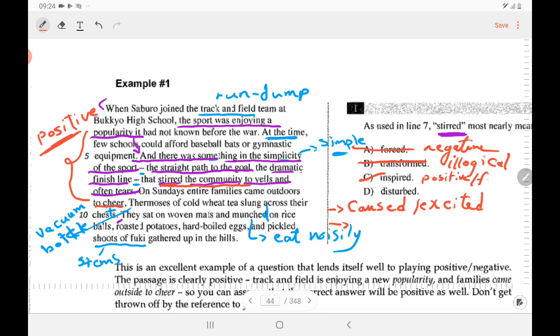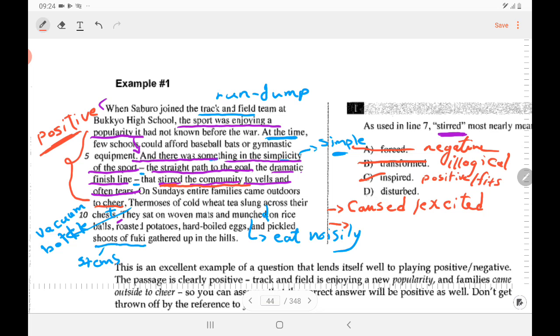And it fits the context. When you ask a Hollywood star, where did your inspiration for such role come from? So, inspire, something good, something positive. And it fits our context.